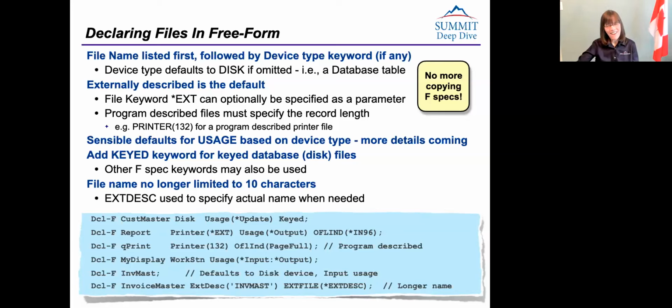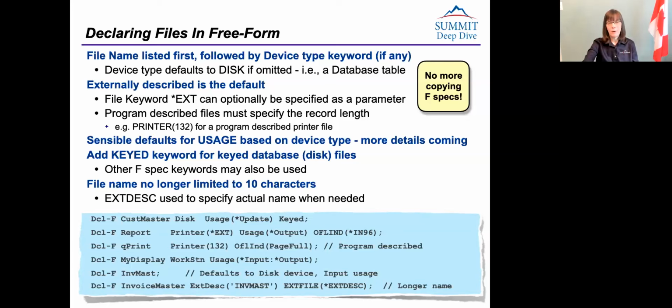But now I can just put the keywords in, and when I look at a declare F, as opposed to an F spec, I no longer have to assume that I understand what all that stuff means. With a declare F, it's all keywords. I can read it, right? I've got usage.